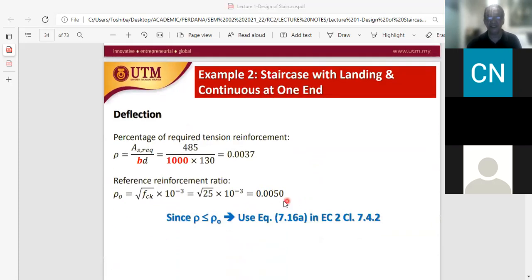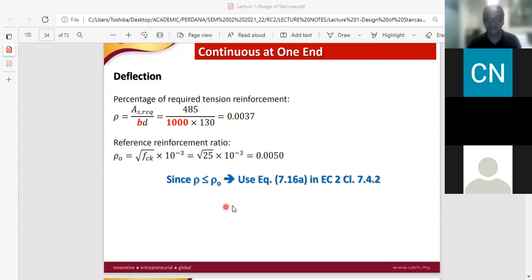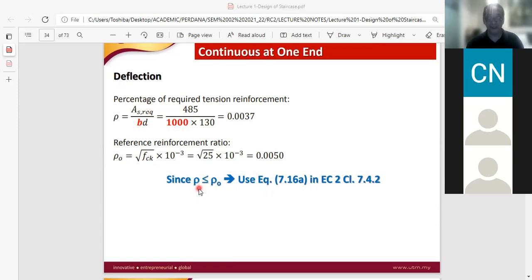So for deflection purposes, this is something that you've been doing masa RC1 dulu. Check the reinforcement ratio and comparing that with the reinforcement ratio yang control, rho 0.